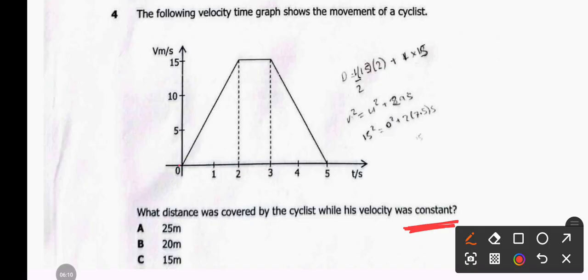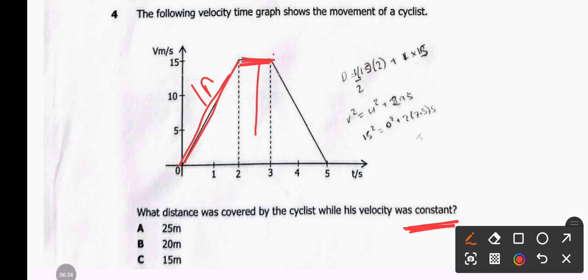Okay, so from this region, from time 0 to 1 to 2 meters per second, we can clearly see that the velocity in this case was increasing. So it is not this point that I want. And from this point here, from 2 to 3 seconds, we can see that the velocity stays constant.